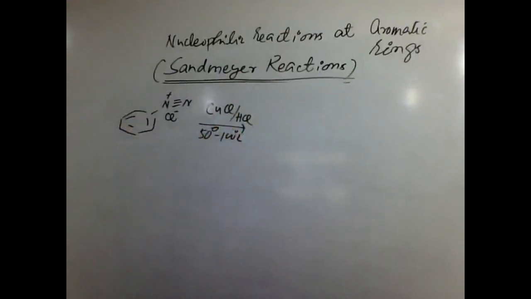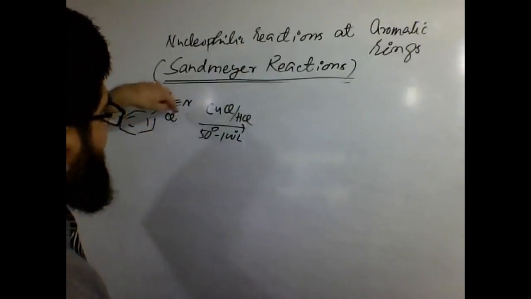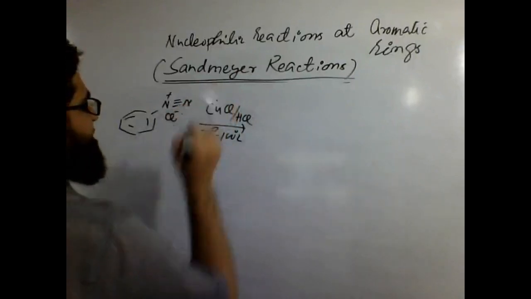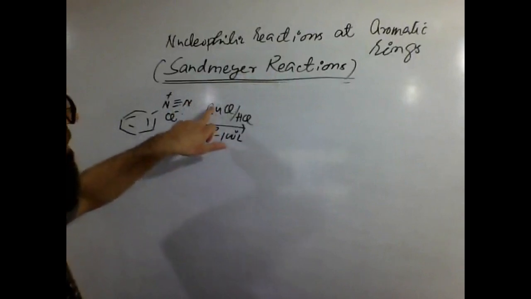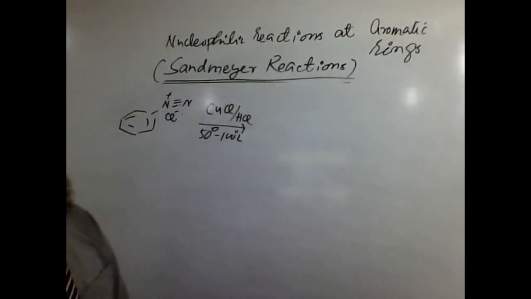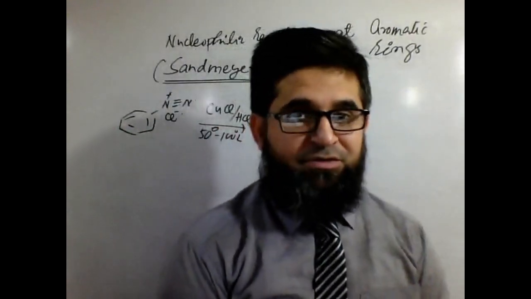Okay, what happens then? This chloride, which is available in the form of a diazonium salt, is attracted by this cuprous chloride. We have an idea that copper is a metal. It can attract electrons. It needs electrons.